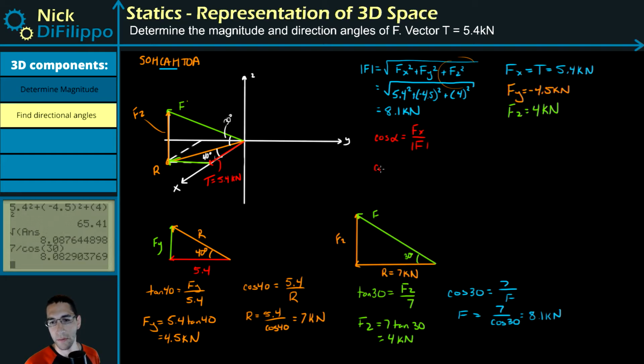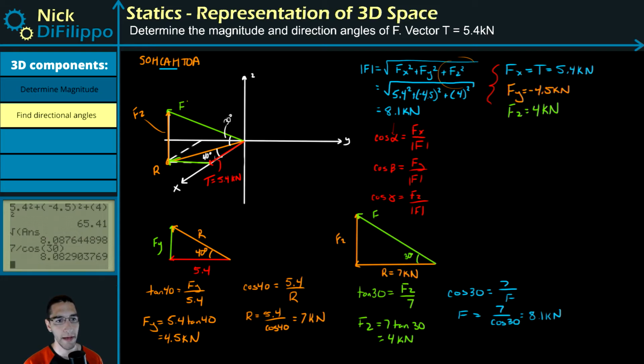I have the cosine of beta is equal to fy over the magnitude of f, and I have the cosine of gamma is equal to fz over the magnitude of f. And now you see why I wanted to stay with my original way of doing this, because I'm going to need all of these different components to figure out what alpha, beta, and gamma are.